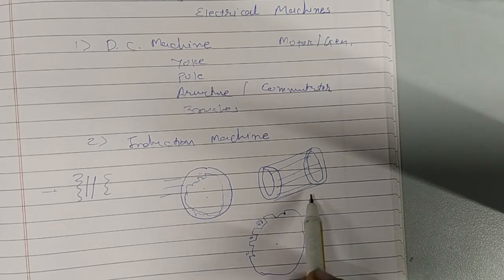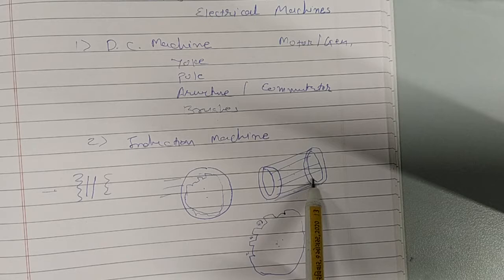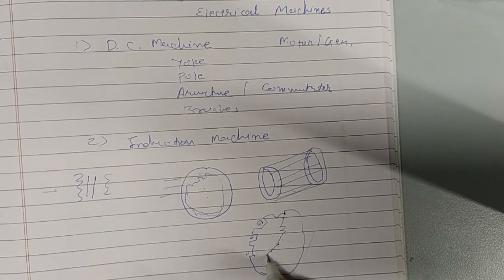Another type of rotor is the slip ring type of rotor. In the slip ring type of rotor, this core is common, the same kind of structure we are using. But the major difference is that we will not use these heavy copper bars as a conductor, but instead we are going to use a three-phase distributed winding like this, for all three phases.